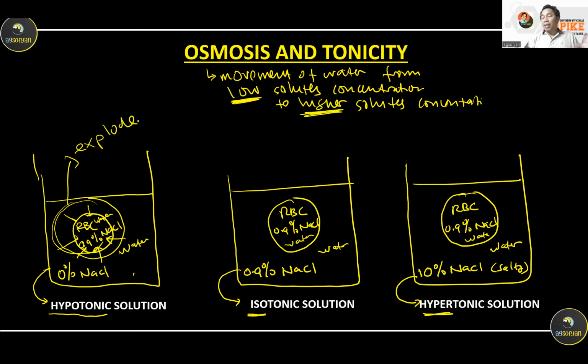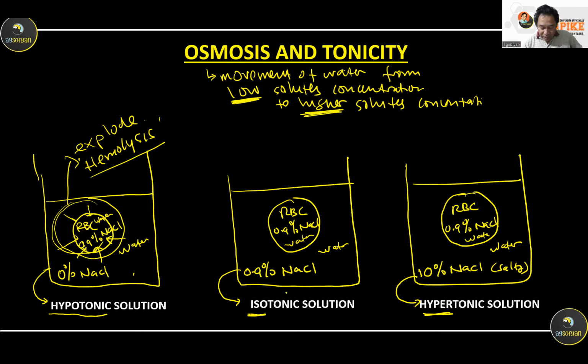This process is called hemolysis. Hemolysis means the red blood cell will be broken down. So this is what happens if we put a cell in a hypotonic solution.